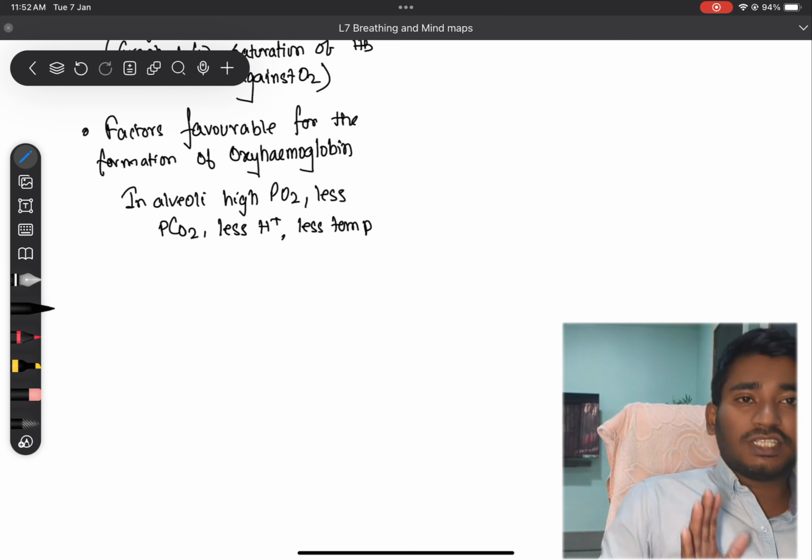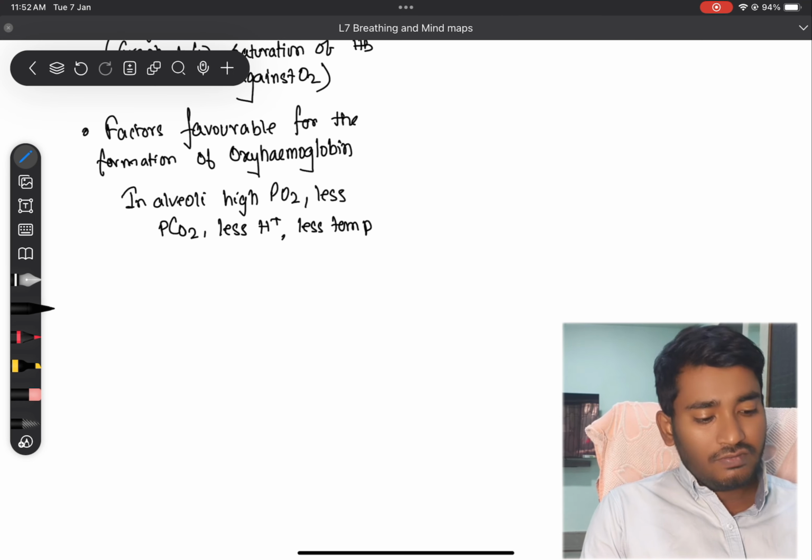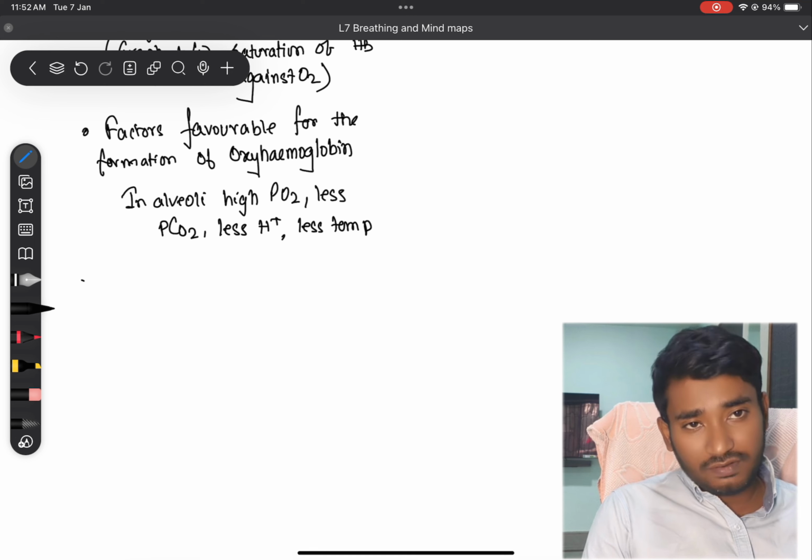These are the conditions very much required for oxyhemoglobin formation.